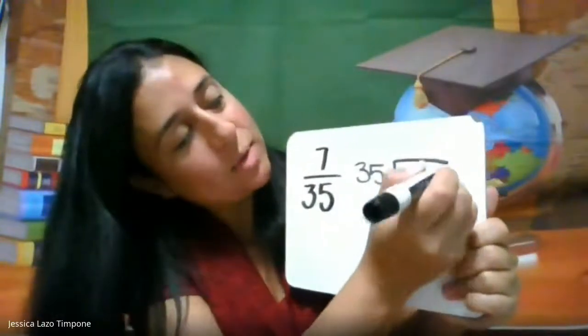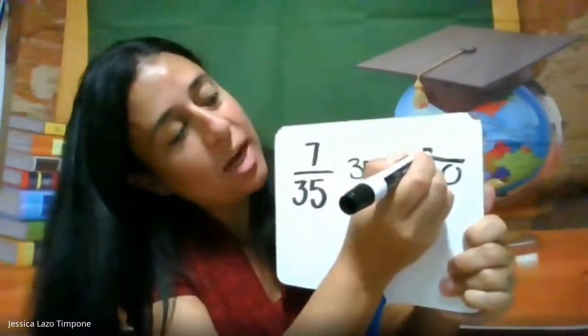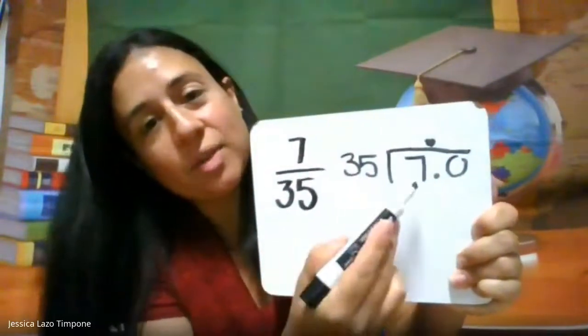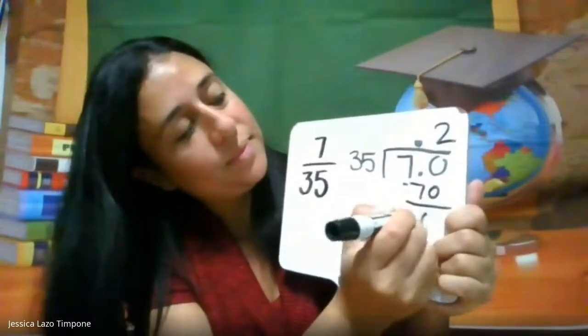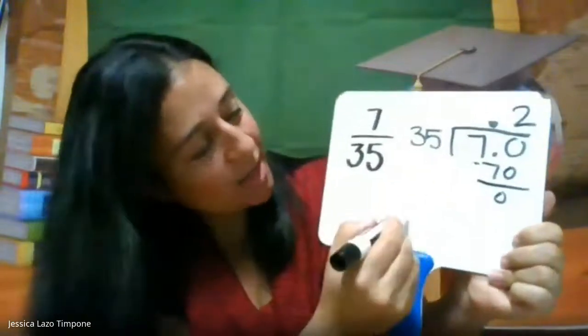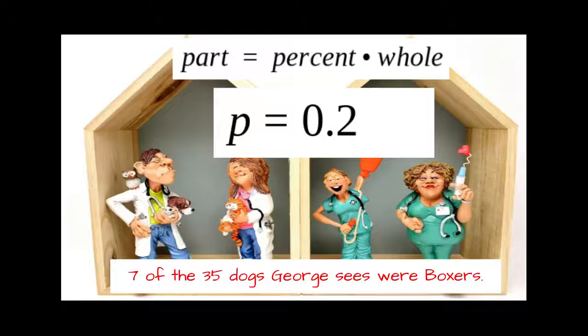So we add a decimal and a 0. And we bring our decimal straight up. And 35 goes into 70 2 times. So our answer is 0.2. And we got our answer was 2/10.